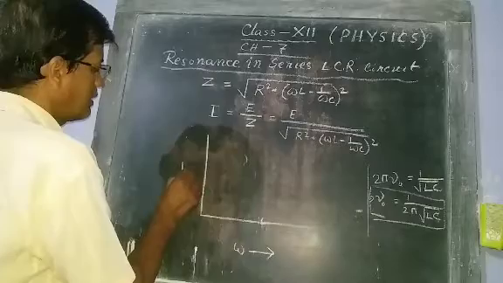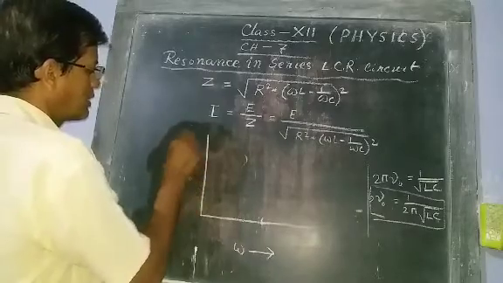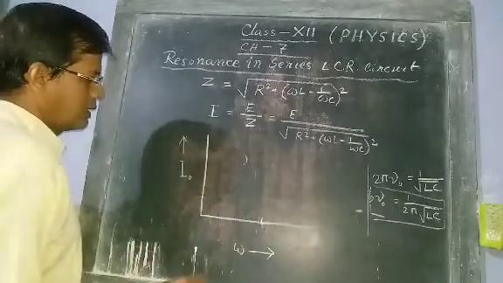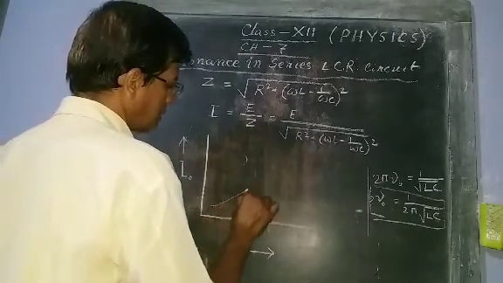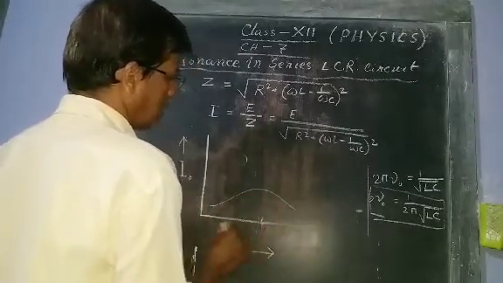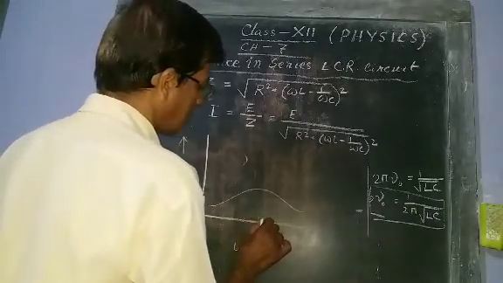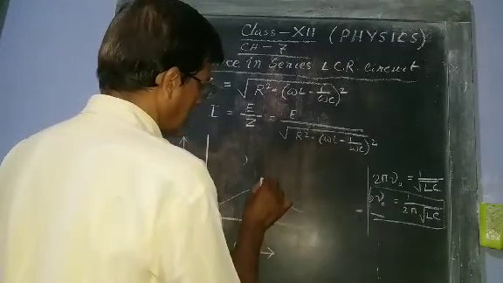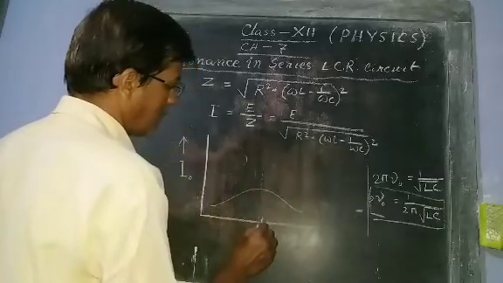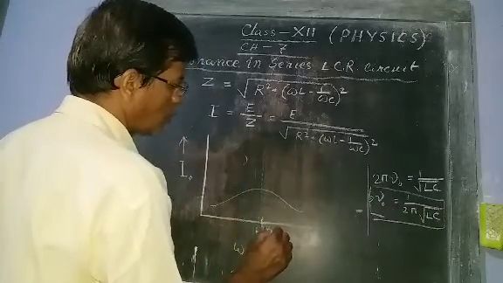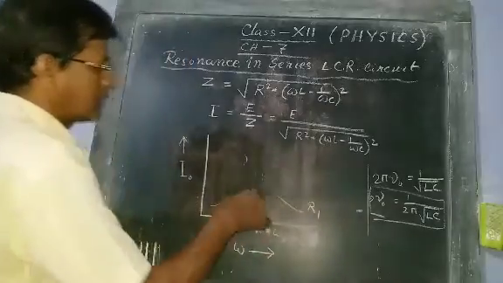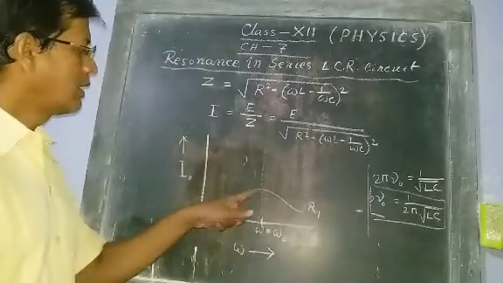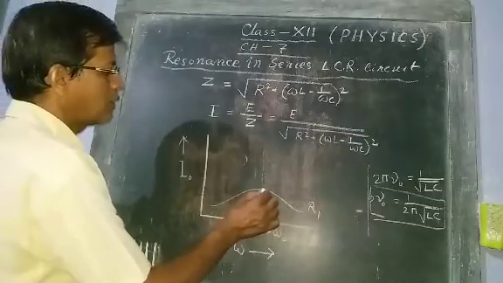In this direction, maximum current. For a particular resistance, omega equal to omega naught. Say this is R1. The graph is this. In this case, I naught is here.